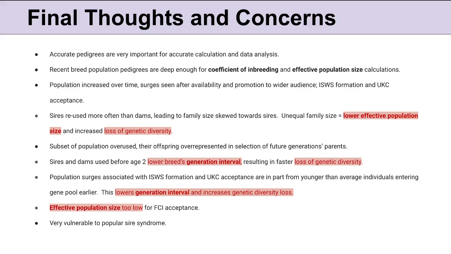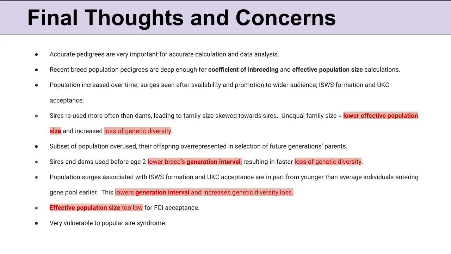But unfortunately, this is in part from younger than average individuals entering the gene pool earlier. So this lowers the generation interval and increases genetic diversity loss. So what would have been a great alternative to what actually happened would have been to encourage the use of dams and sires that were already in the breeding pool and engage with them more rather than initiating younger individuals into the gene pool sooner.